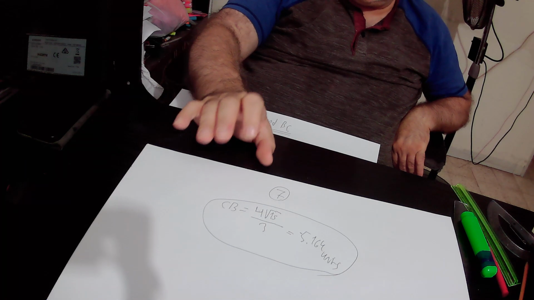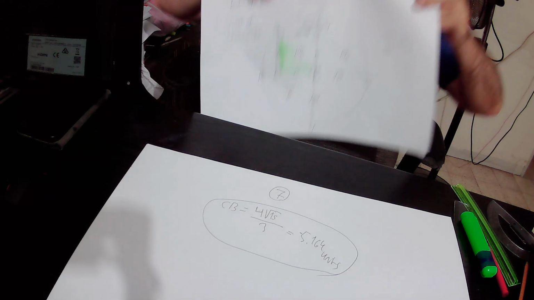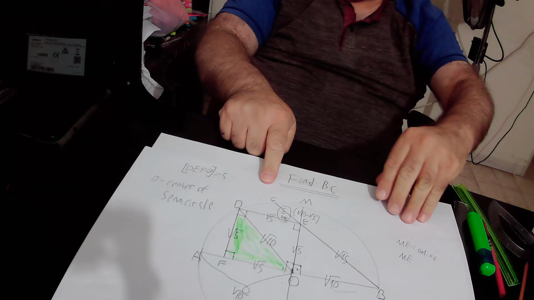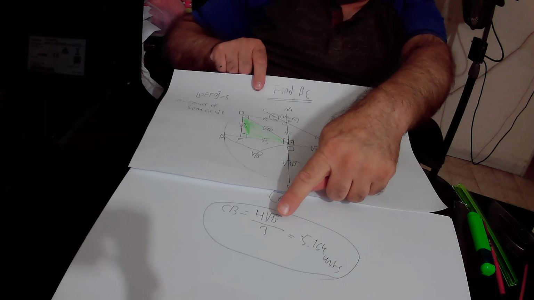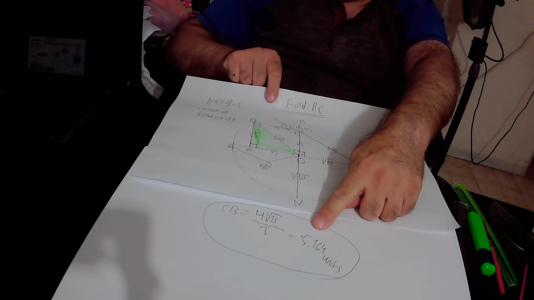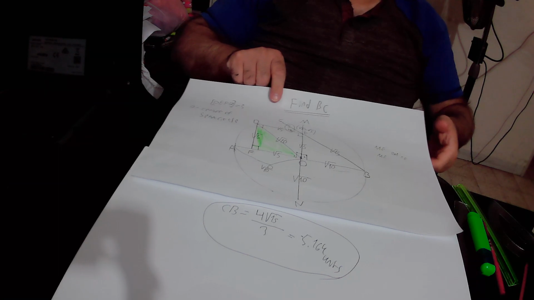So the answer to the question is that the length of chord CB equals 4 times square root of 15 over 3 units, or in terms of numbers, 5.164 units. Okay, thank you very much.